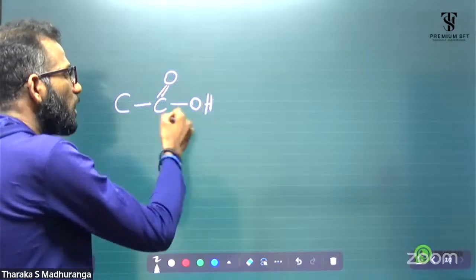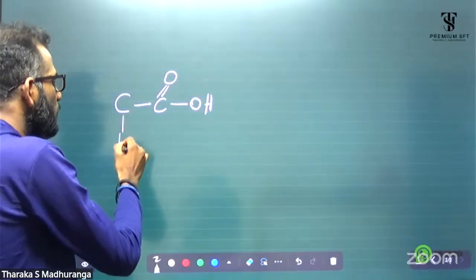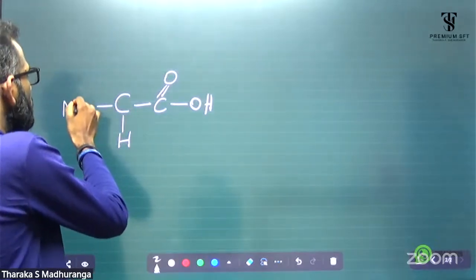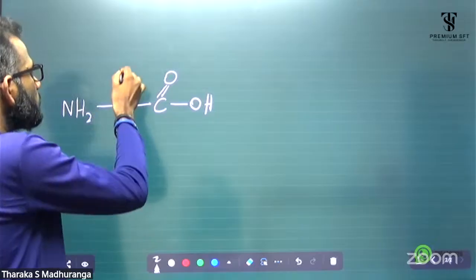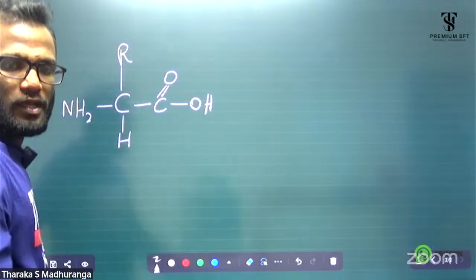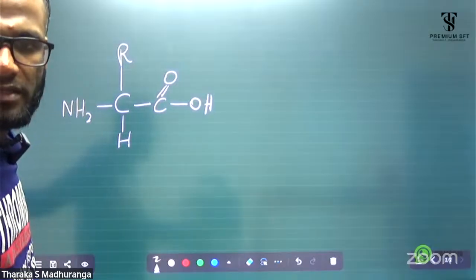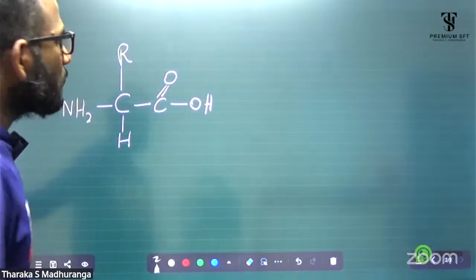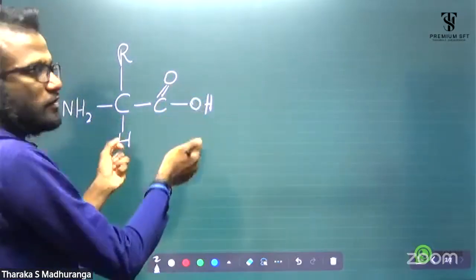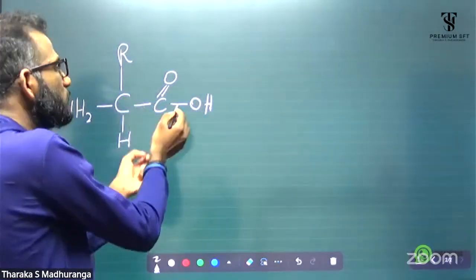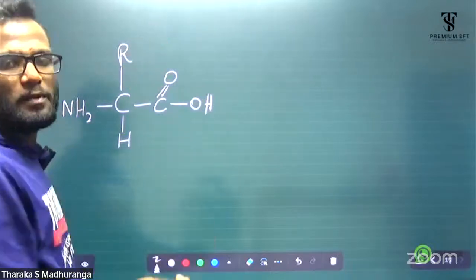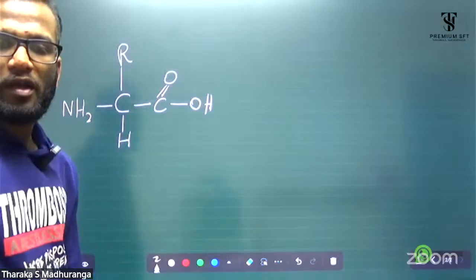What is the name? Carboxylic group, hydrogen, NH2 group, amine group, and R carbon chain. Yes, all are correct. This is a common structure of one amino acid. The parts are alpha carbon, carboxylic group, amine group, hydrogen, and R carbon chain.